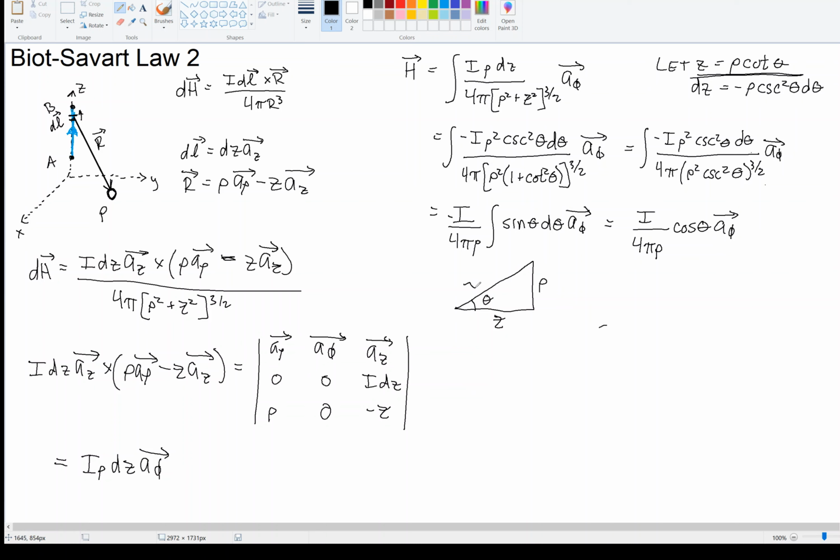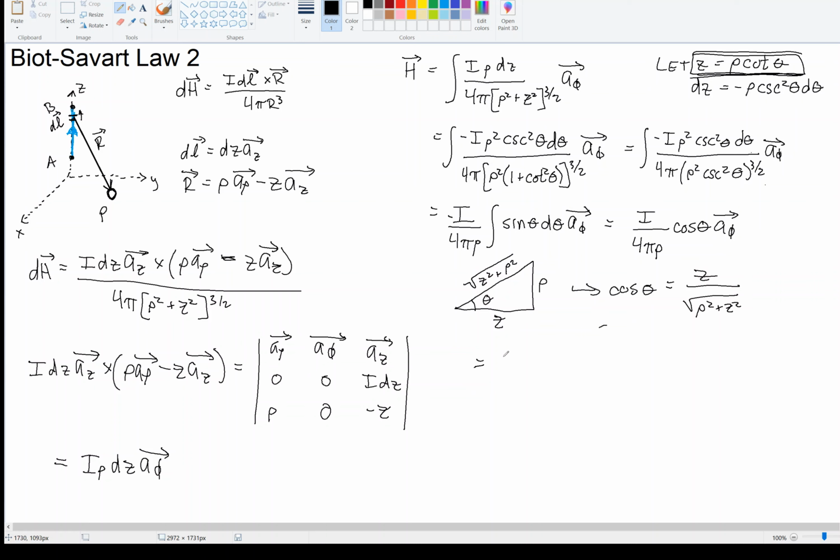That makes the other length the square root of z squared plus rho squared in our right triangle. So if I want the cosine, that's adjacent over hypotenuse. That makes the cosine of theta z over the square root of rho squared plus z squared.